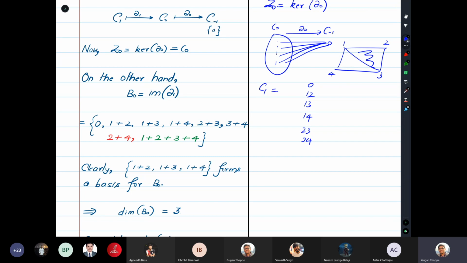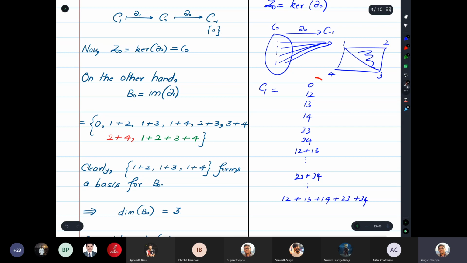These are the different one chains with support 1, and then you have 12 plus 13 and so on, all the way up to 23 plus 34, and finally 12 plus 13 plus 14 plus 23 plus 34.